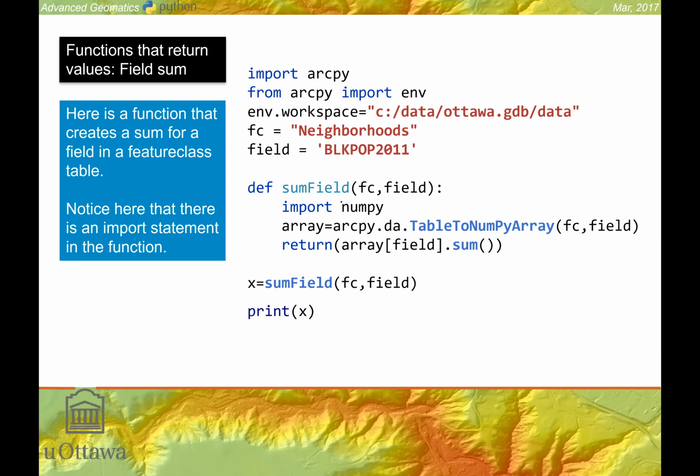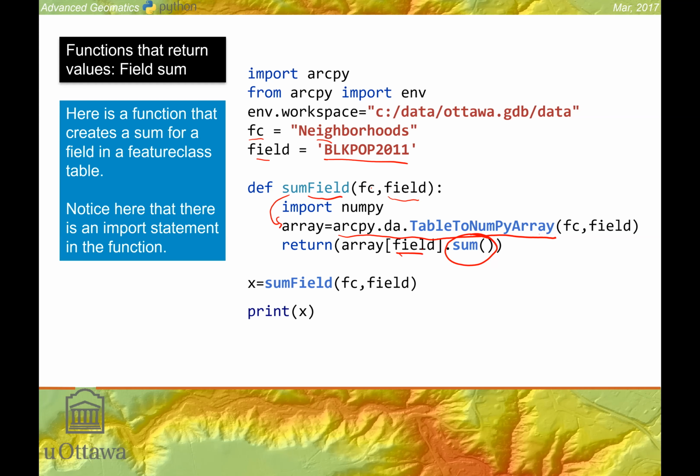So SumField is the name, then feature class, and then a field name. For example, up here, a feature class neighborhoods, a field name, BLK pop 2011. Then it converts the feature class table to a NumPy array, because feature class table to NumPy array is quick. And then NumPy arrays have a sum method when you specify the field.